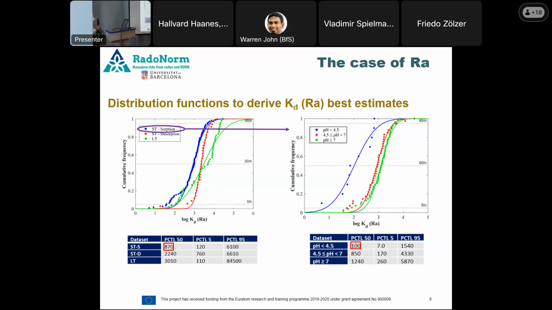So we may say that for sorption KD, with acidic soils the KD is going to be much lower than a KD for alkaline soil. This is a simple example of a scenario in which we only have pH information in my KD entry.